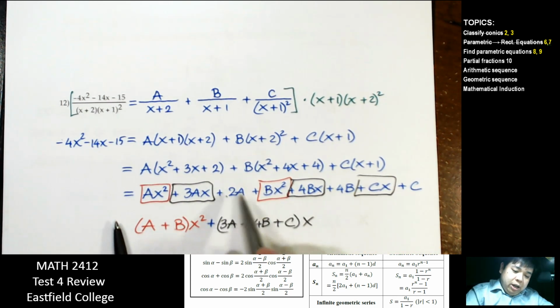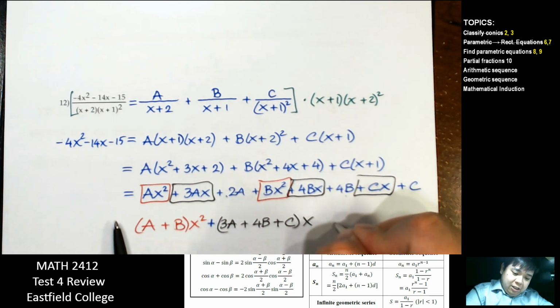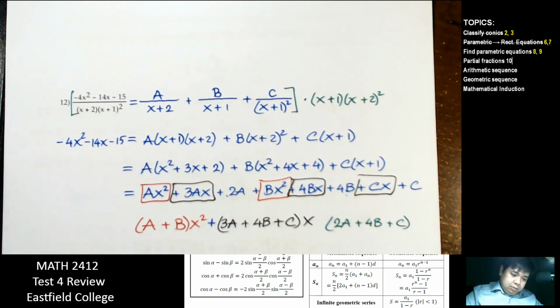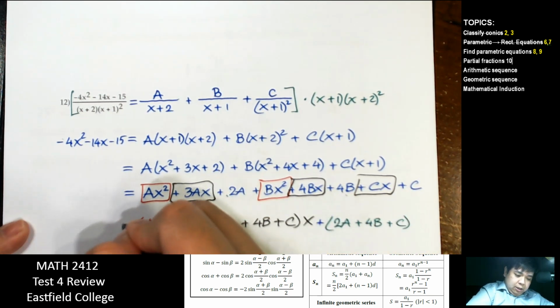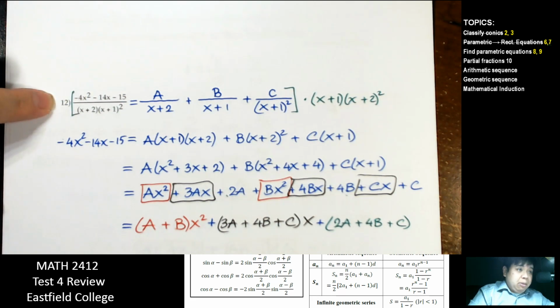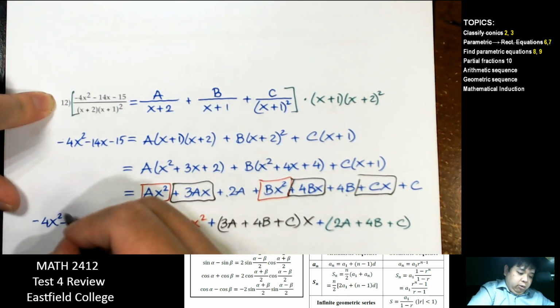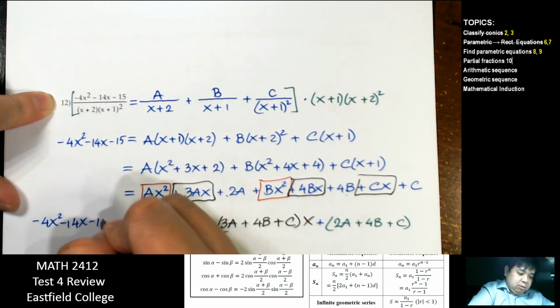And then 2A, 4B, and C. And that must be equal to the left hand side of negative 4x squared minus 14x minus 15.